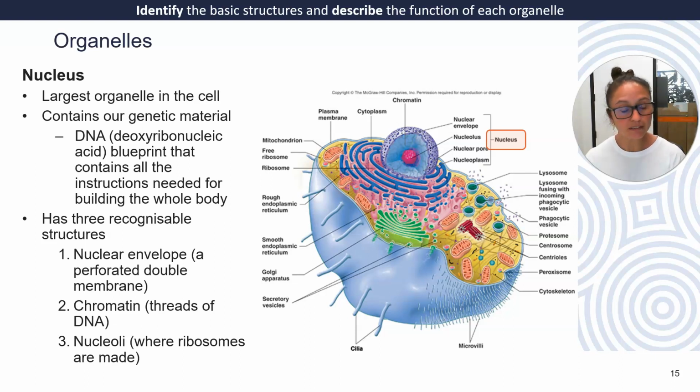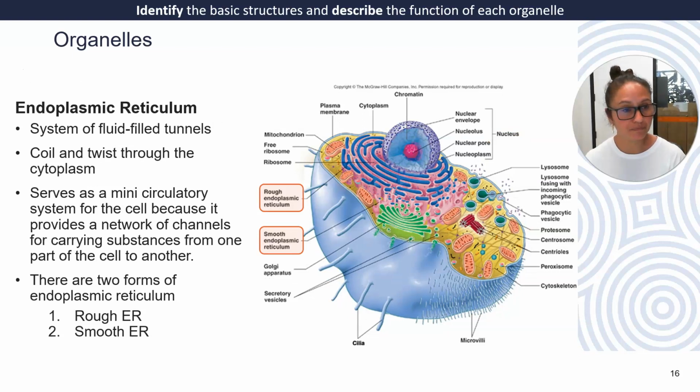So if we look at the structure of the nucleus, we can see that there's other bits in it, but I think for you guys, you need to just understand that the nucleus contains our DNA, and our DNA is like a recipe book to make a human body. The other bits we can check out later.